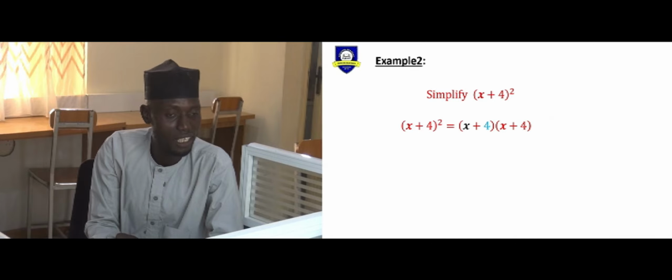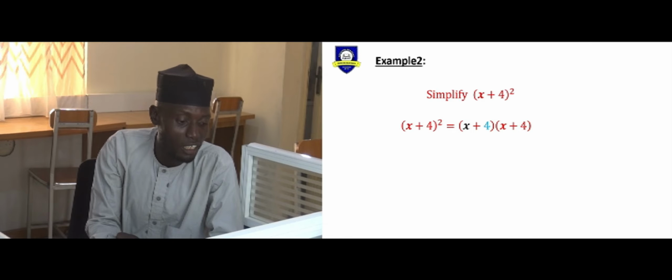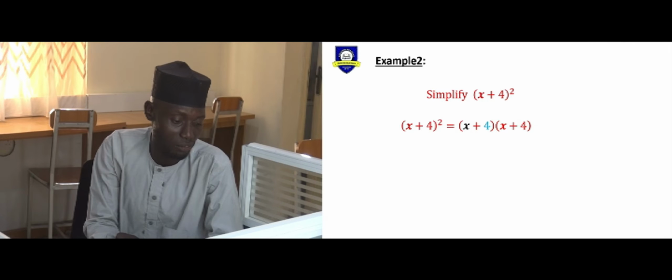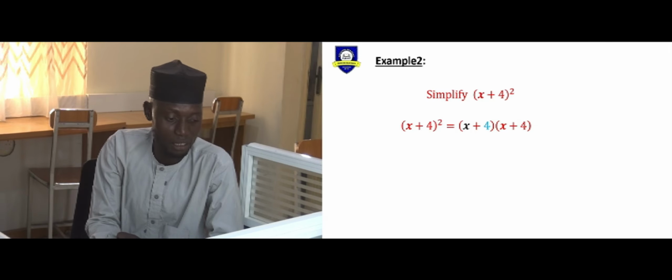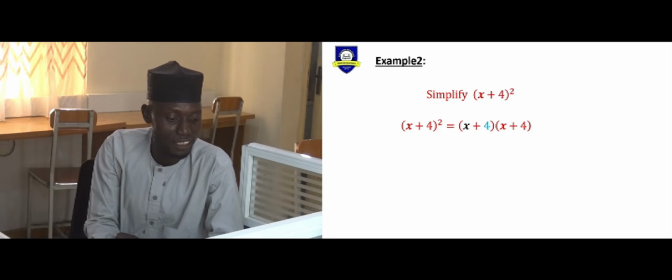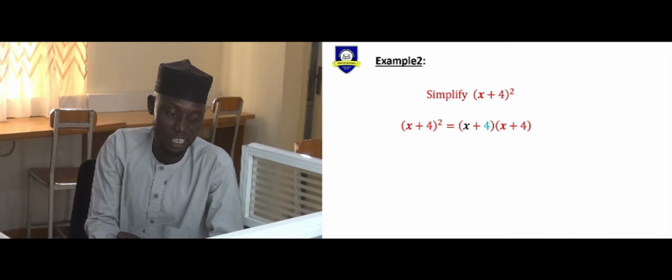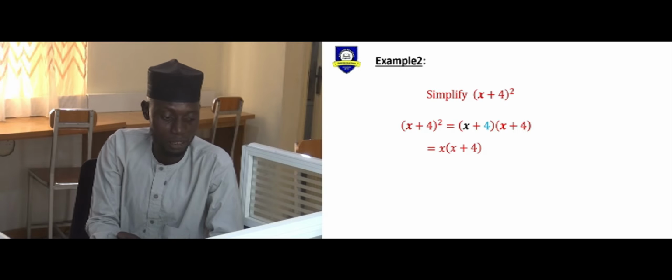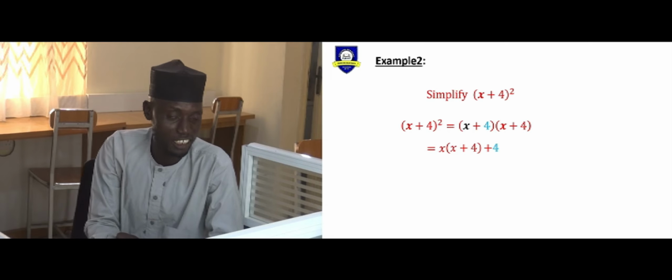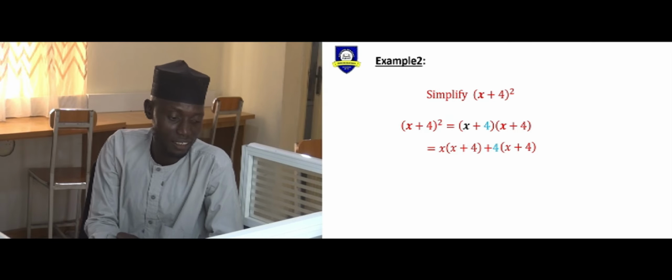The same way we went about the previous example is the same way we treat this question, by multiplying the first term of the first bracket by the whole of the second bracket, and multiplying the second term of the first bracket by the same second bracket, and we have x multiplying x plus 4, multiplying x plus 4. Now next is to expand the bracket by multiplying the content of the bracket by what we have outside it. Let's see what we got.